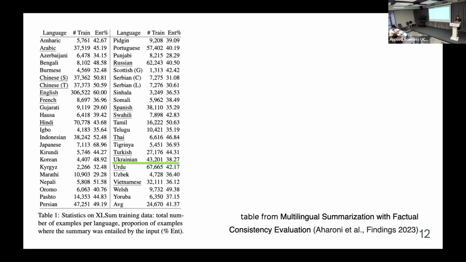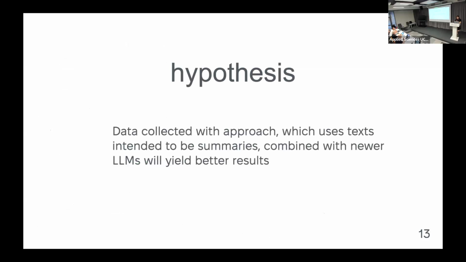After realizing this, the decision was made to assemble our own dataset, which will use a more human-oriented summary approach. And the hypothesis was that with data collected with users' texts, which were intended to be summaries, in combination with newer large language models, the results will be better.